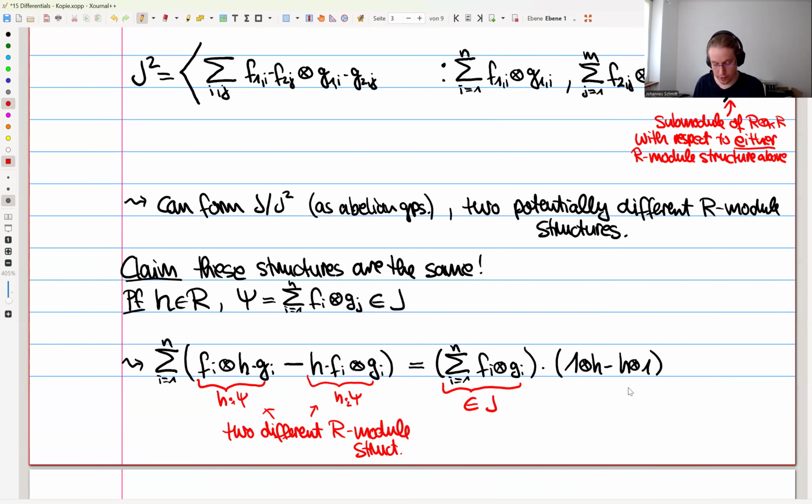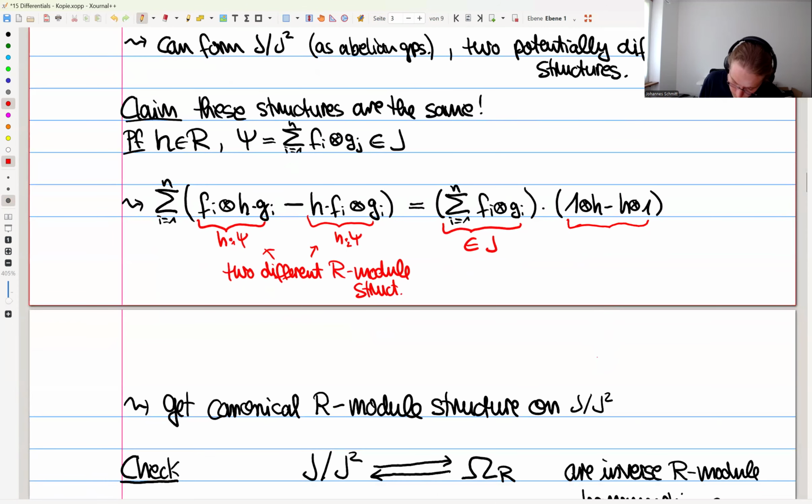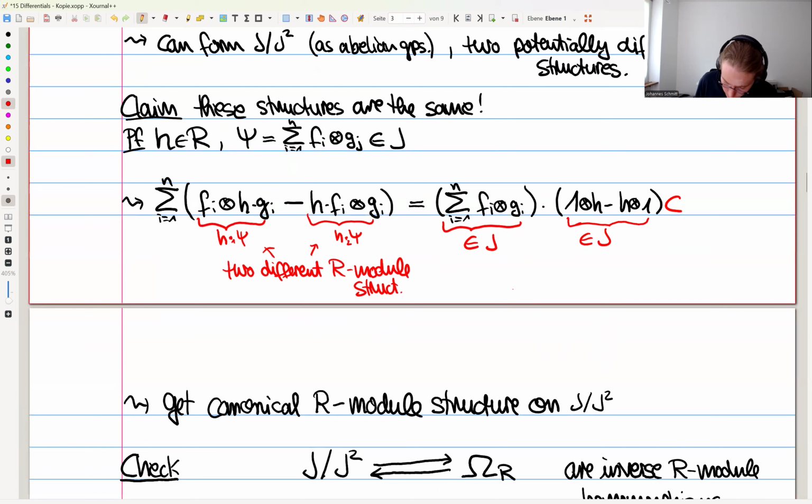If you take the difference, you get 0. So this is indeed in the kernel, this is indeed in J, like this. And so the entire thing is in J squared. And so these two structures are indeed the same.